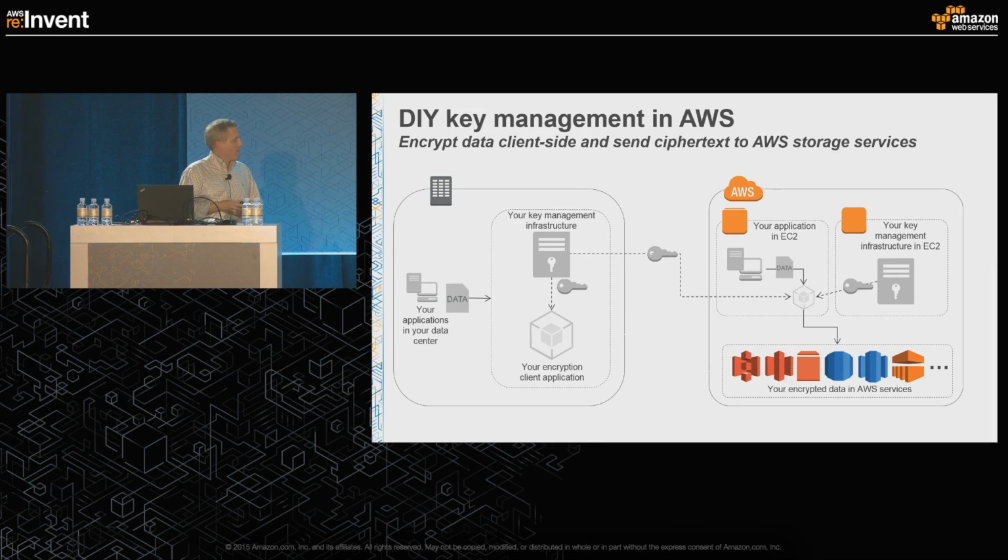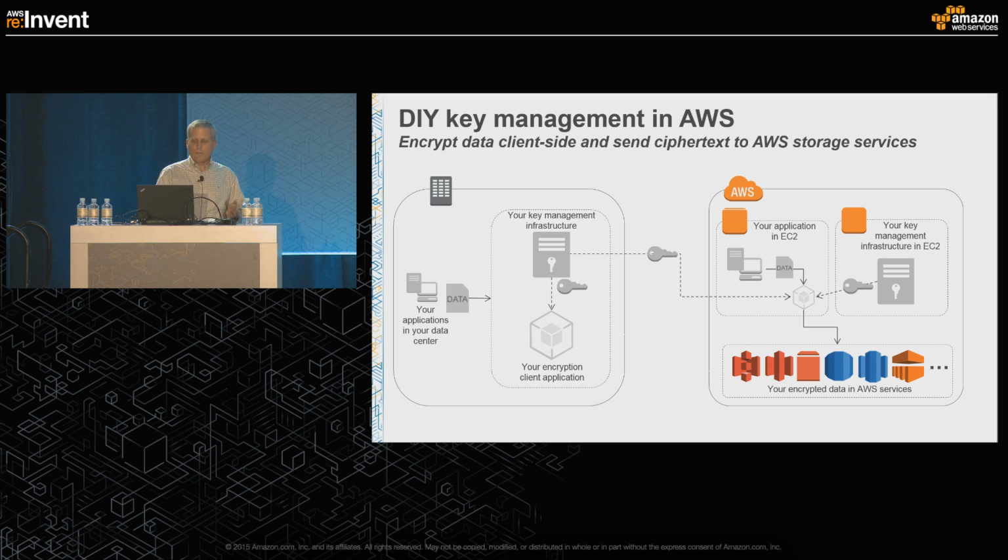Okay, so the last option you have, which is I don't want to trust anybody, AWS, partner, I just want open source technology. I'm going to manage all the keys myself so I know exactly where things are. Again, perfectly doable, right? You can run whatever software you want and whatever you've written on top of an EC2 instance. You can have your key management infrastructure live wherever you want as long as it's accessible from your application.